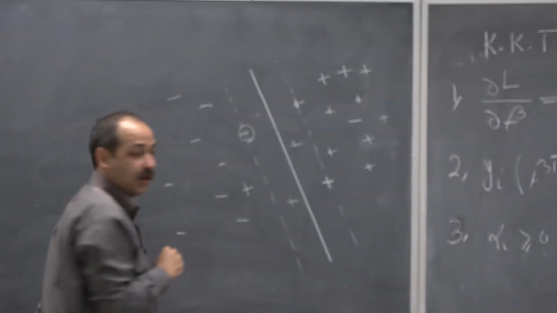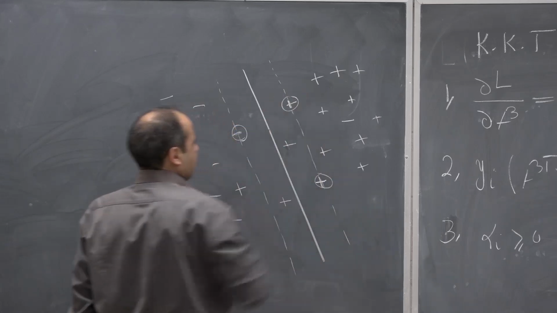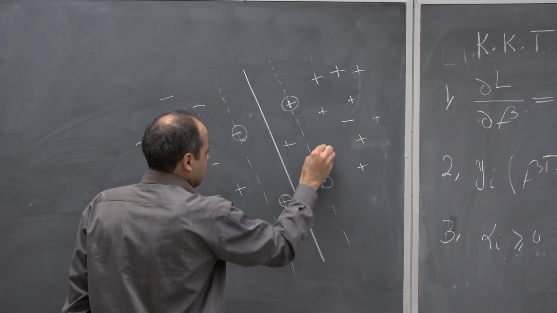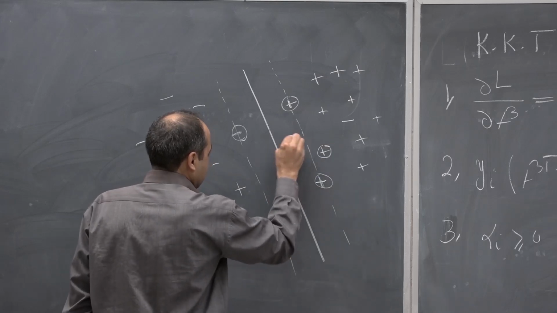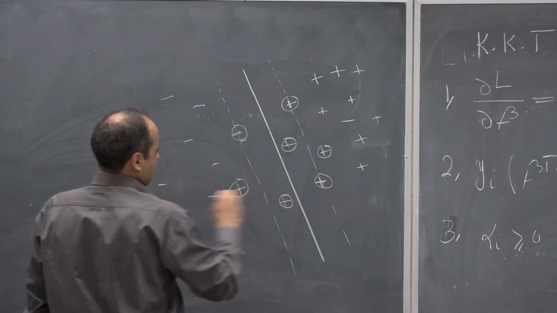Okay? So in this scenario, this is a support vector. In hard margin, it was a support vector. This is a support vector, but this is also a support vector. This is also a support vector. This is a support vector. Oh, no, sorry.